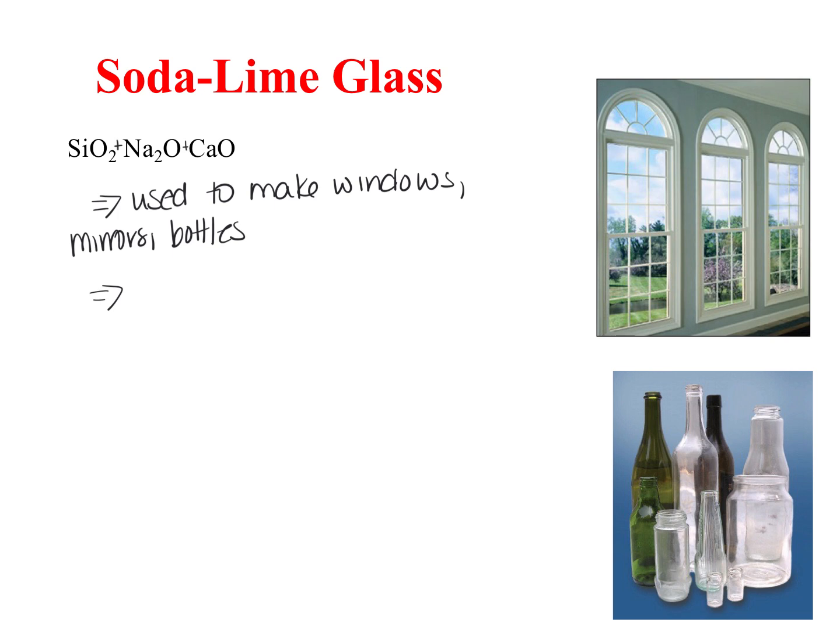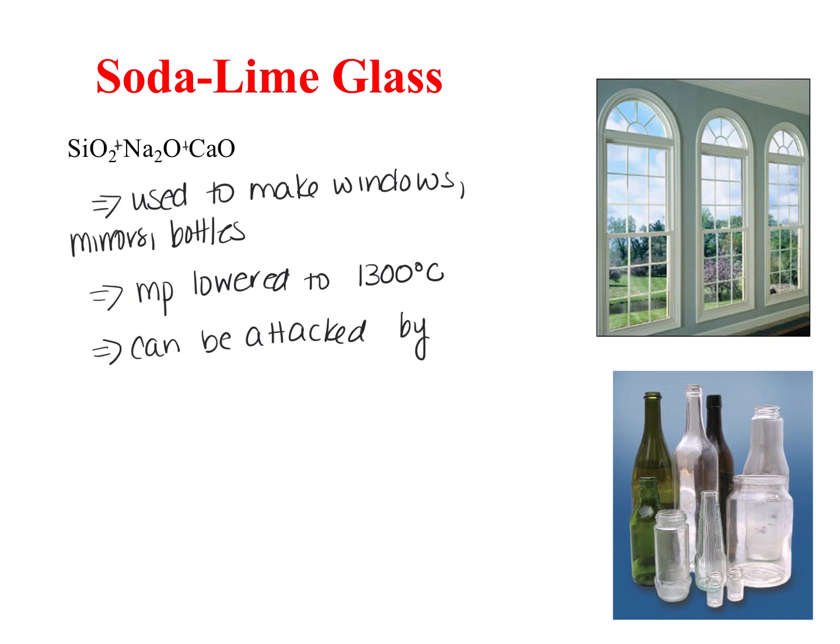When you add the sodium oxide and the calcium oxide, that lowers the melting point to 1300 degrees Celsius. And the other thing that does is that this particular glass can be attacked by strong acids or bases.